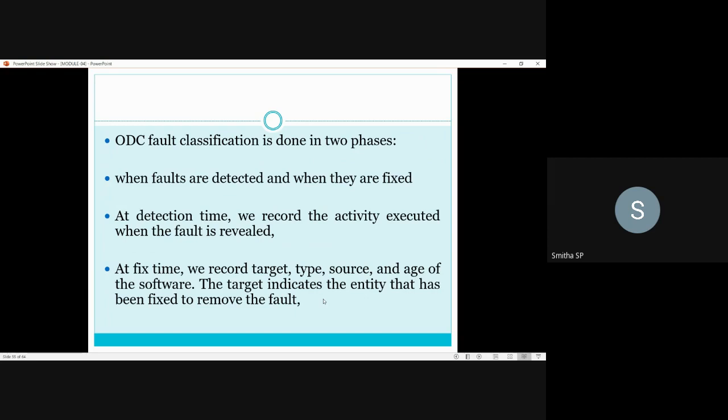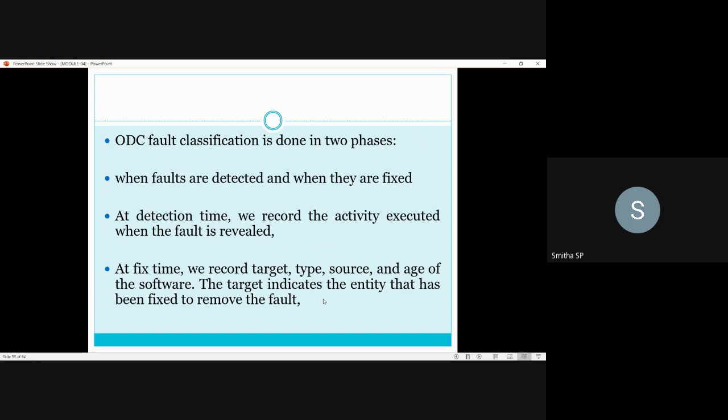At the detection phase, that is when faults are detected, we record each activity executed when the fault is revealed, so that the outcome of that activity is the fault revealed.